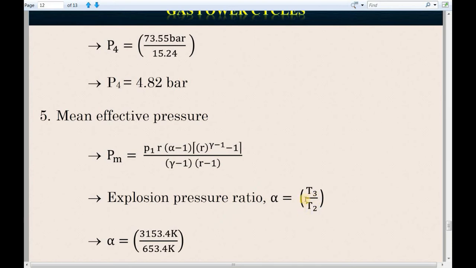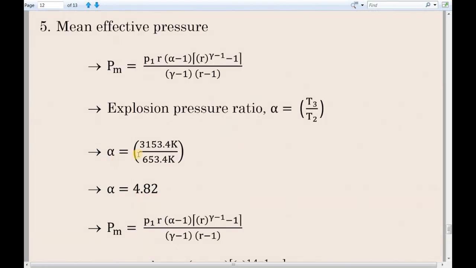In this formula we know the values of T3 and T2, so just substitute the values. We get alpha is equal to 3153.4 Kelvin divided by 653.4 Kelvin. So in this RHS, 3153.4 Kelvin divided by 653.4 Kelvin is 4.82. So the next step will be alpha is equal to 4.82.